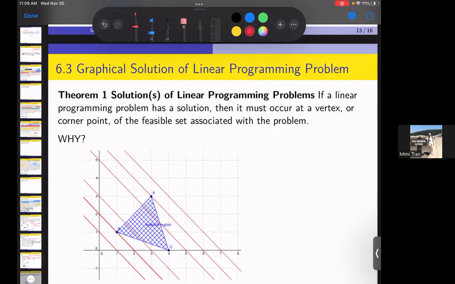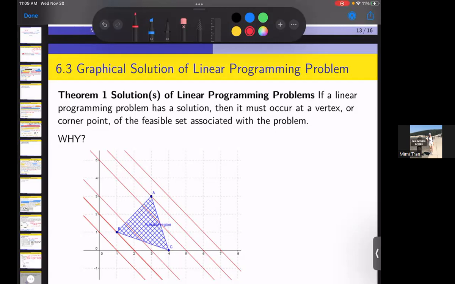Can you draw a conclusion? What is the relationship between the value of p and the location of the line? They get further and further away from the origin, right?